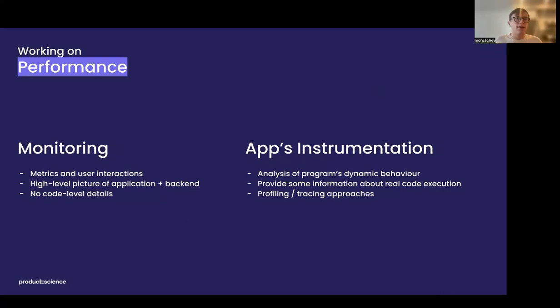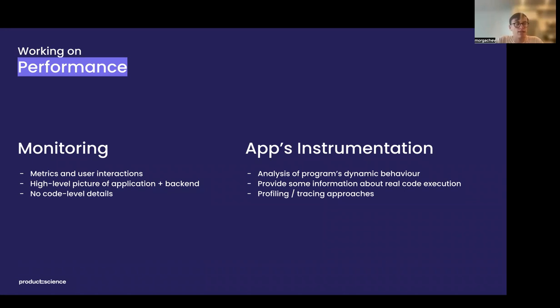Working on performance mostly consists of two different parts. The first of them is the monitoring system. It's in most cases made on real user monitoring. Such tools collect some target metrics of the app, some user interactions, when the user clicks, when the user scrolls, and something like that.